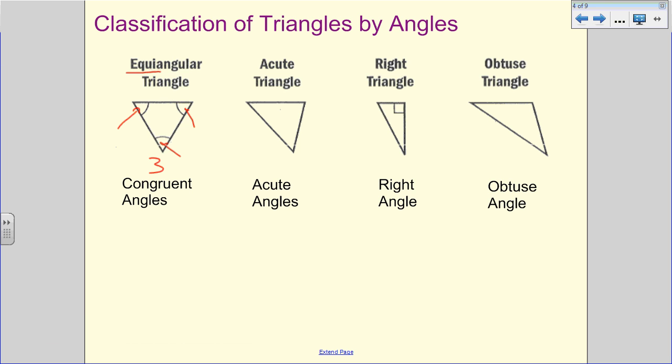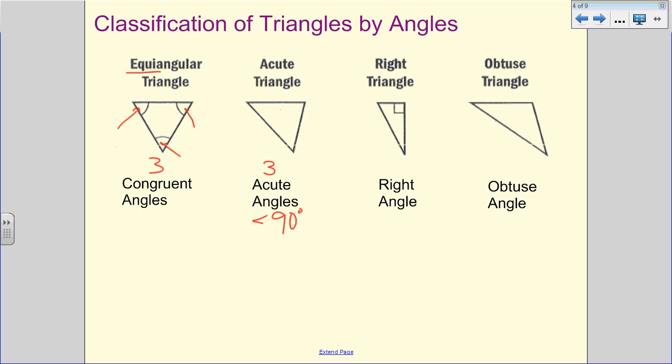All right, ladies and gentlemen, sorry for that. I noticed a typo and my board shut off. But equiangular will have three congruent angles, all marked as being congruent. Acute triangle, we can have equal angles, but what makes it an acute triangle is that there are three acute angles, so three angles less than 90 degrees.